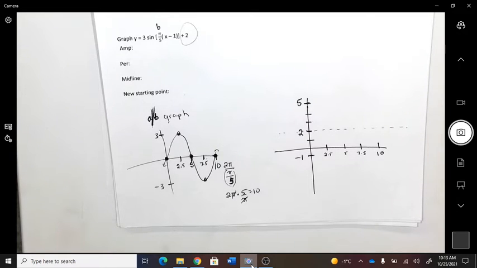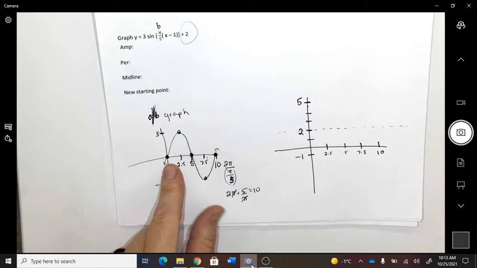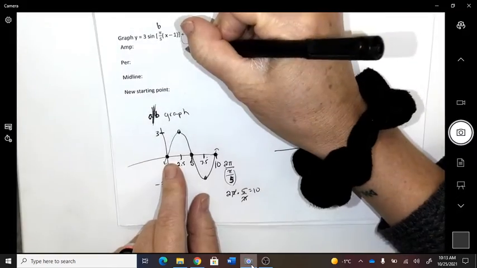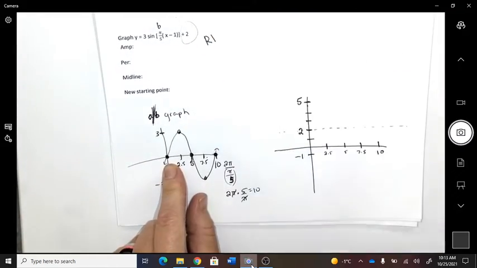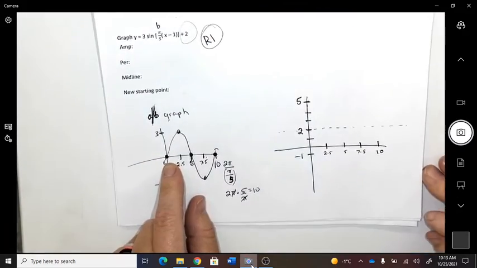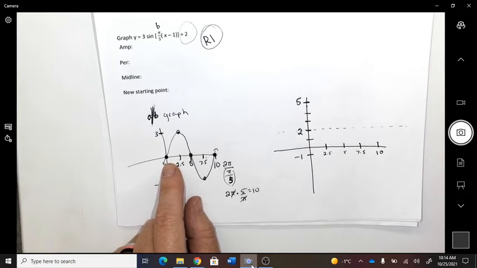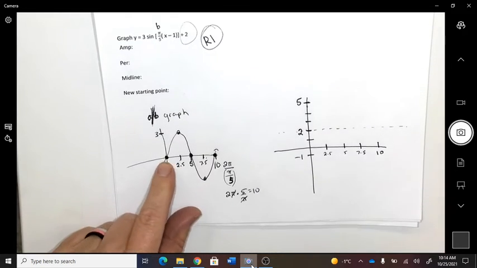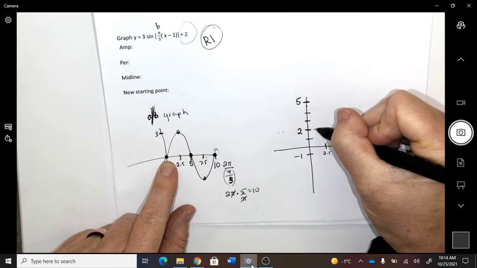Okay, this one's kind of awkward because our x values are not really matching what we're going to be shifting here. We're going to be shifting right 1, so we're going to have to be in between the tick marks. Okay, ready? Midline is now at 1.